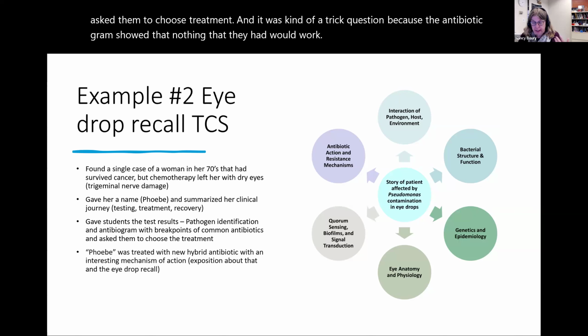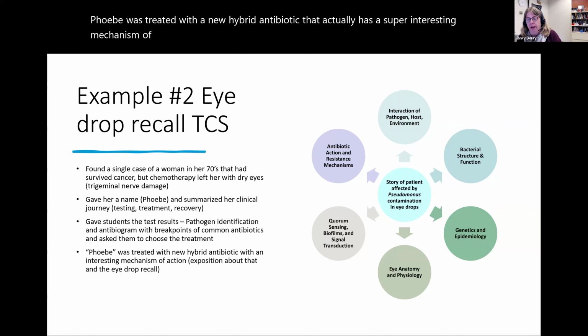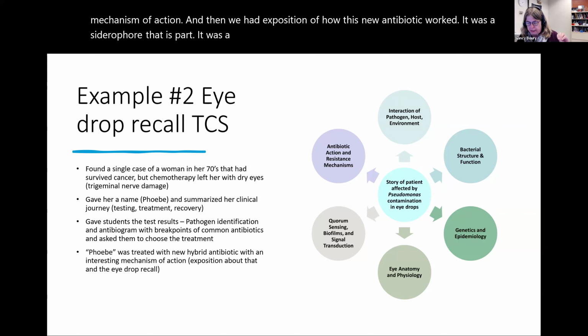Phoebe was treated with a new hybrid antibiotic that actually has a super interesting mechanism of action. And then we had exposition of how this new antibiotic worked. It was a combo antibiotic that was part siderophore.